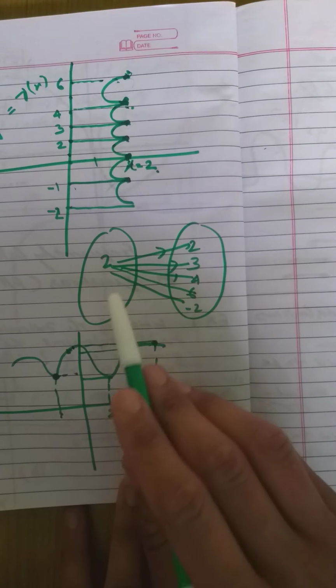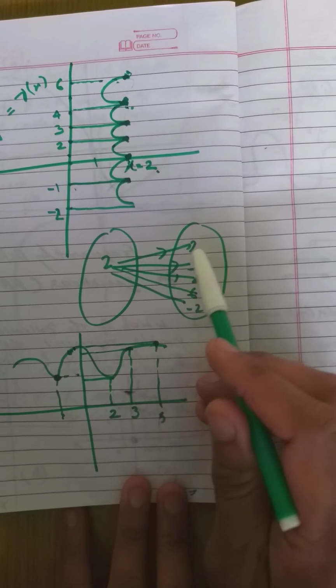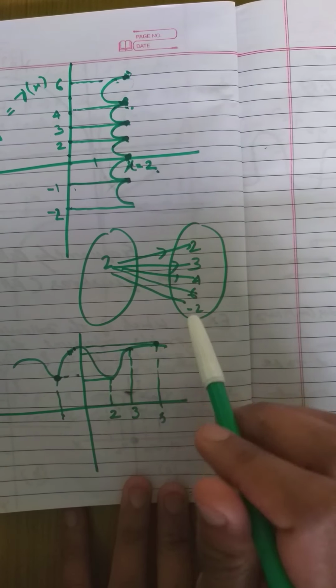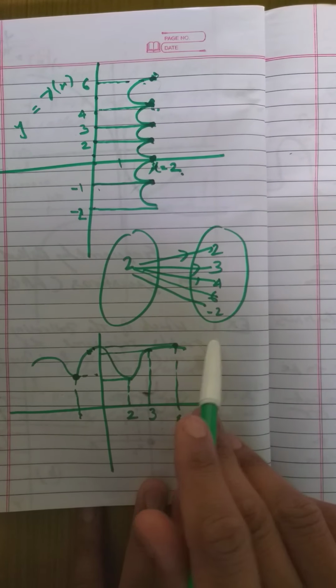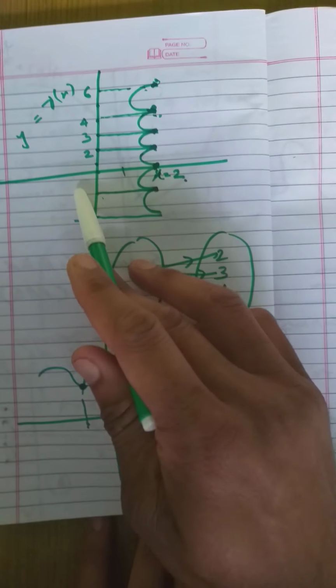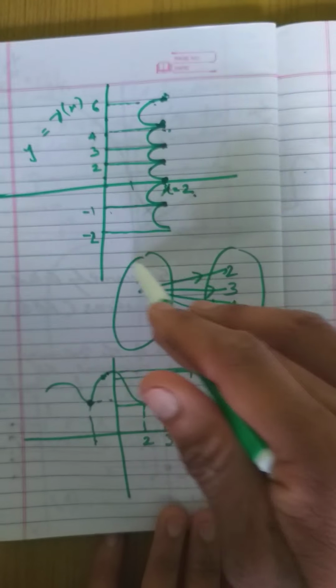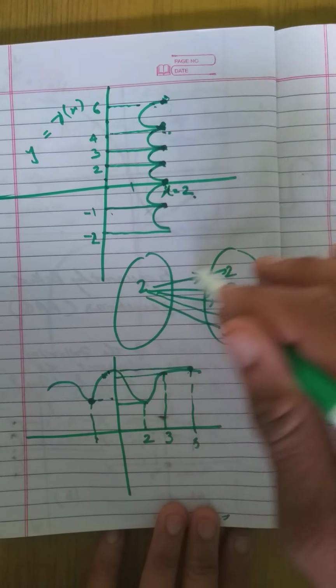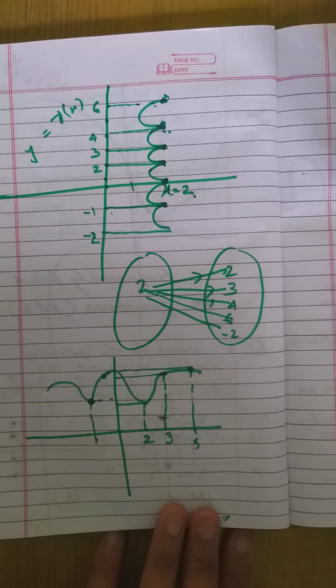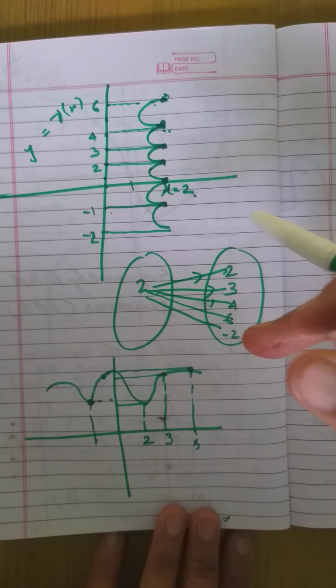Means 2 is related with 2, 3, 4, 6, same way for minus 2. It indicates that the given condition does not represent a function. That is, this is not the graph of a function.